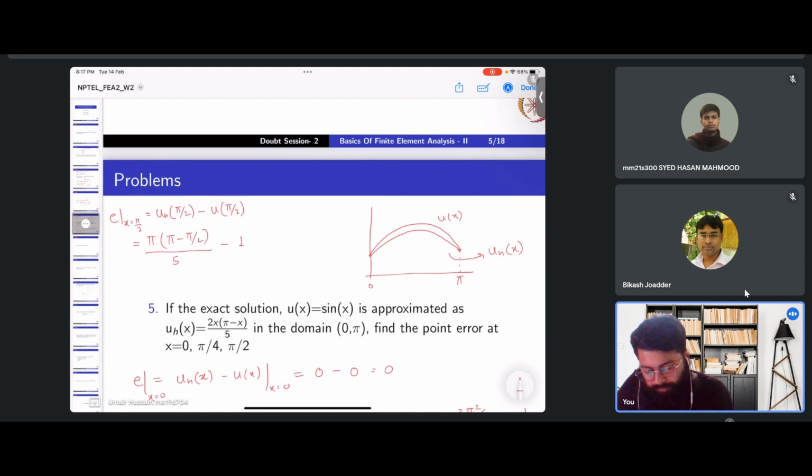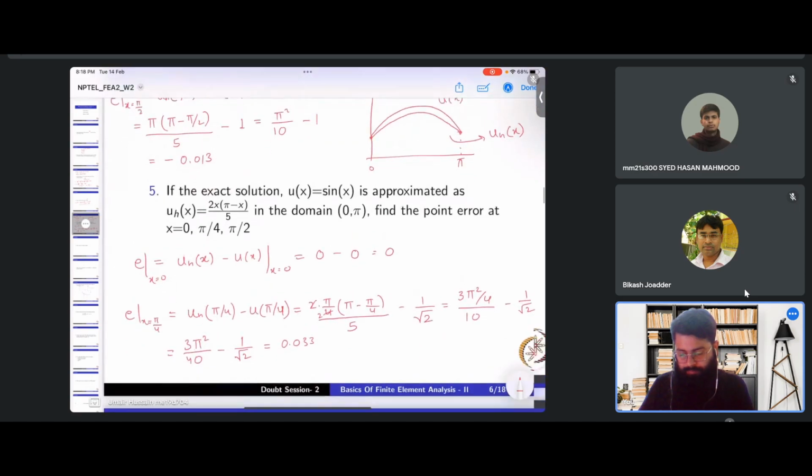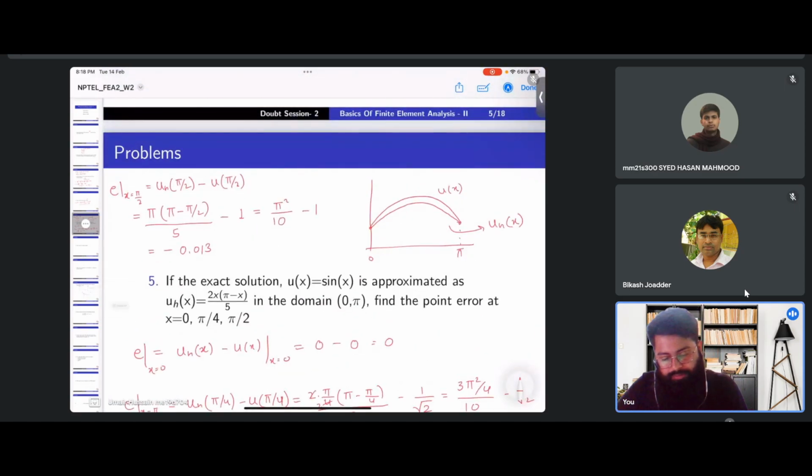So we have pi minus pi by 2 again, pi by 2, pi square by 10 minus 1. So what I know, pi square is almost equal to 10. So pi square by 10 minus 1 is minus 0.013. So even further reducing error here.